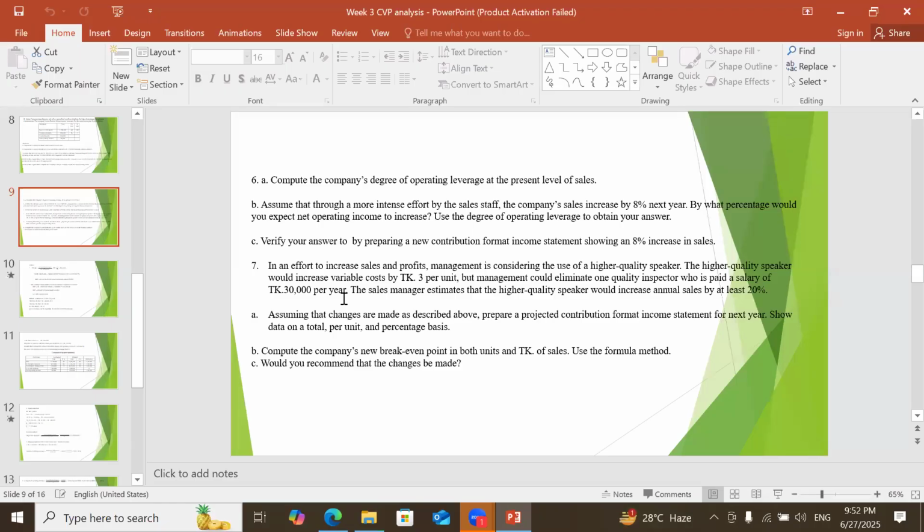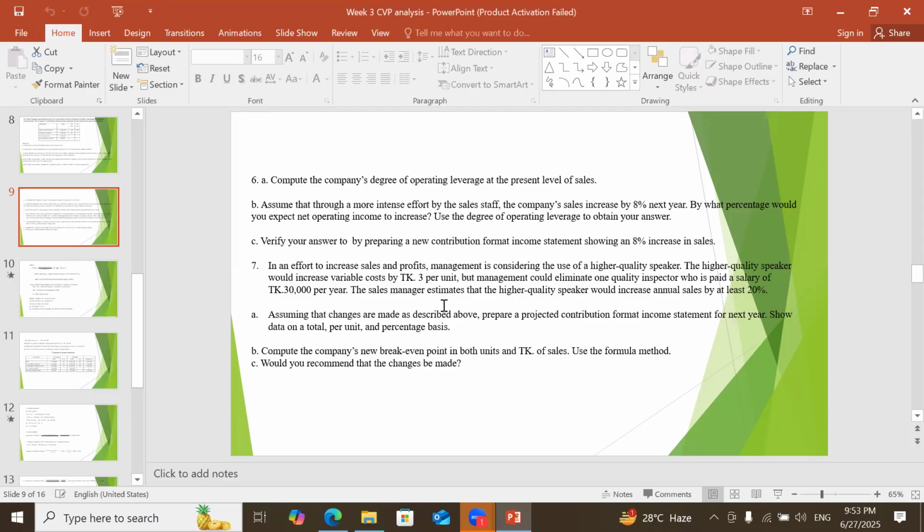So no need now for an extra employee. Okay, so if he developed the quality, then variable cost increased by 3 taka per unit, and they already fired one employee because there is no need for this employee.